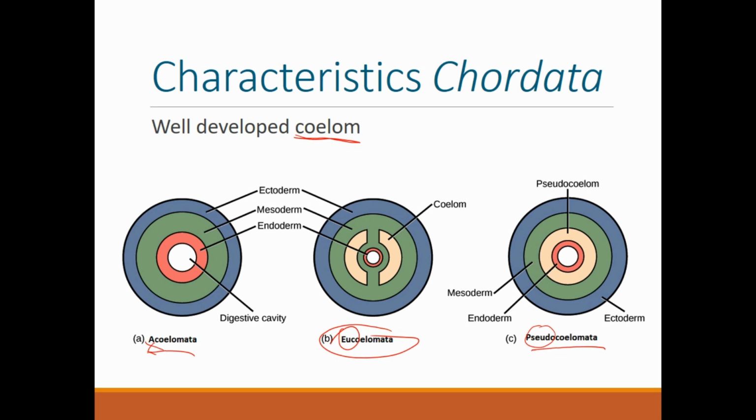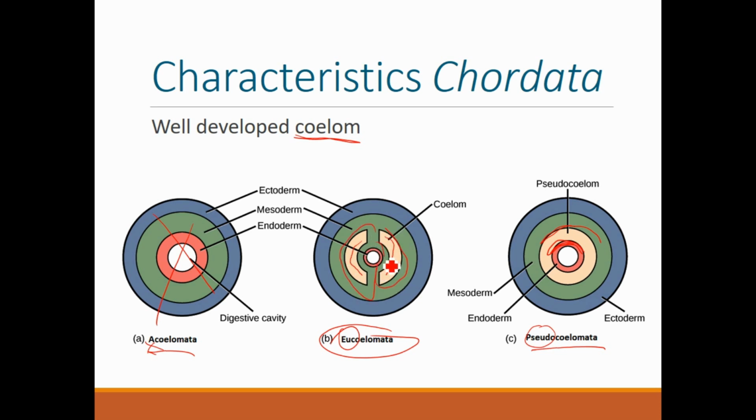So here are the differences. The acoelomate, no body cavity, okay? Pseudocoelomate has a body cavity, but it is false. And by false, we mean that one side is surrounded by the mesoderm and the other side is bordered by the endoderm. Now, if you look over at a true coelomate, a eucoelomate, you can see that the coelom or body cavity is completely enclosed within the mesoderm.